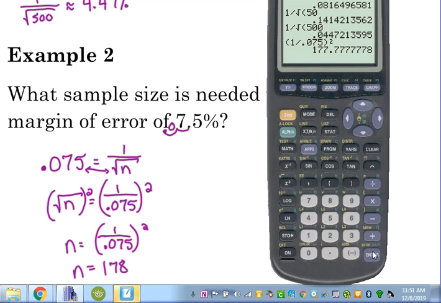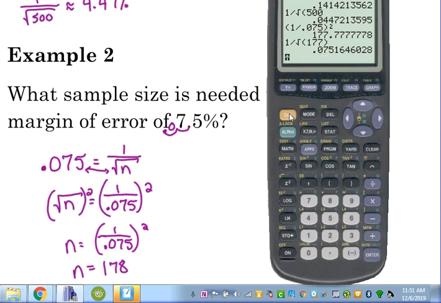Round it up. Actually, always round it up, okay? Always round it up, because even if we had gotten 177.2, that would not give us, that's our sample size, 177. If I do 1 over the square root of 177, I do get 7.5.